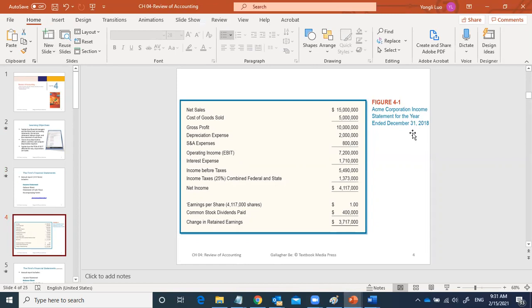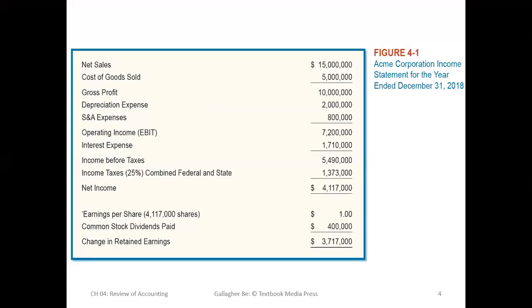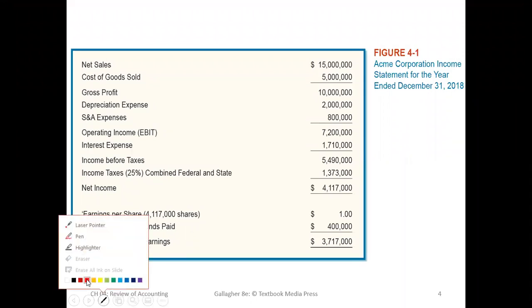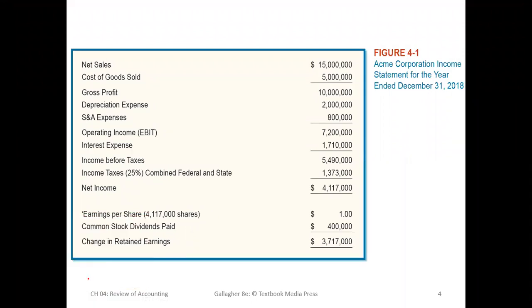That means the income statement is for that year, 2018, starting from January 1st until December 31st. You can see how they organize the income statement.